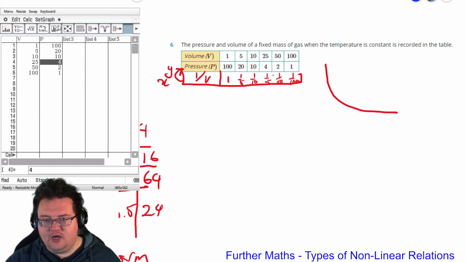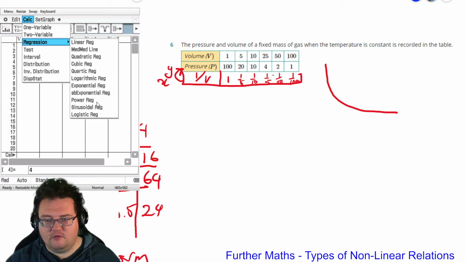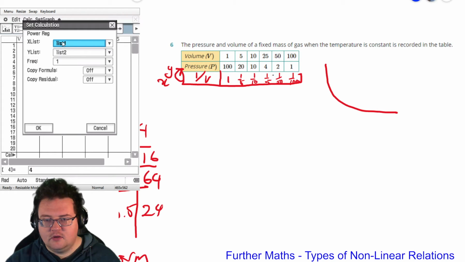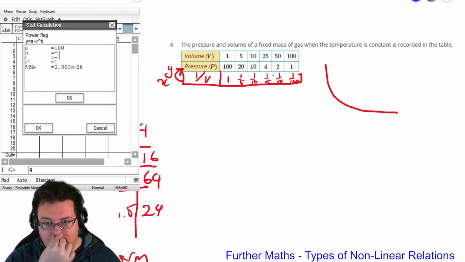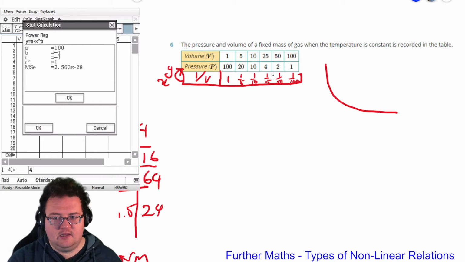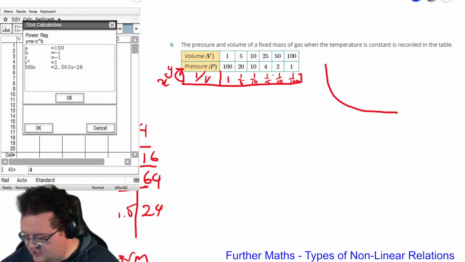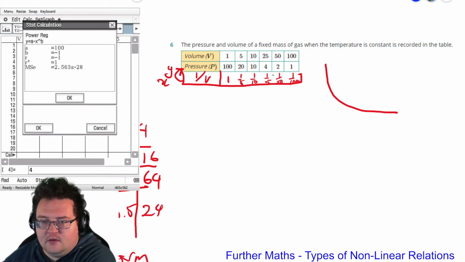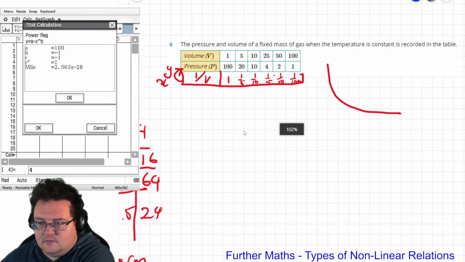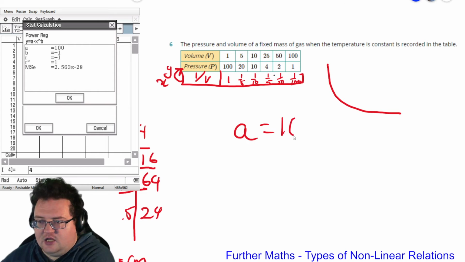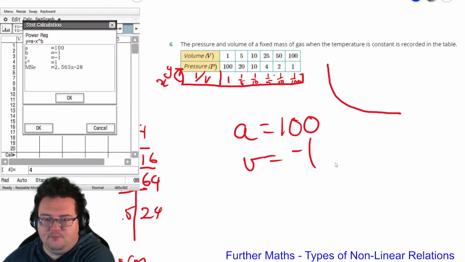So now we're going to go calc, regression, power regression. Compare list 1 to list 2. We're actually going to compare V to P. And we get these numbers here. So this is telling me that A equals 100, B equals -1.